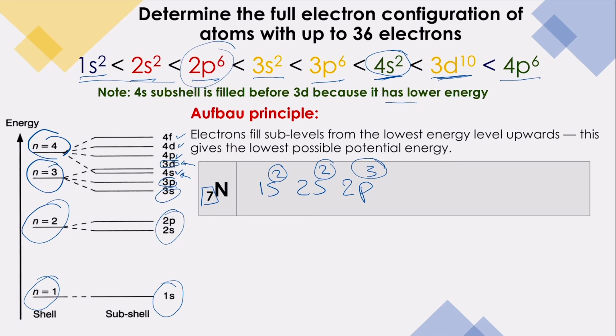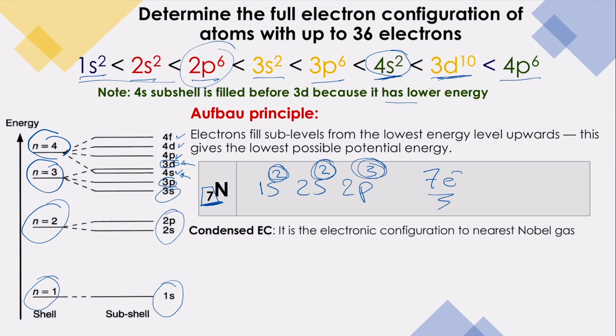Okay, one of you will tell me, oh, you didn't fill 2p. No, I don't have to fill 2p. I just have to finish the number of electrons that I have. I have 7 electrons. What I have done now is 2, 2, 4 plus 3, so I have 7 electrons, and this is what I should do: distribute the 7 electrons in the different sub-levels.